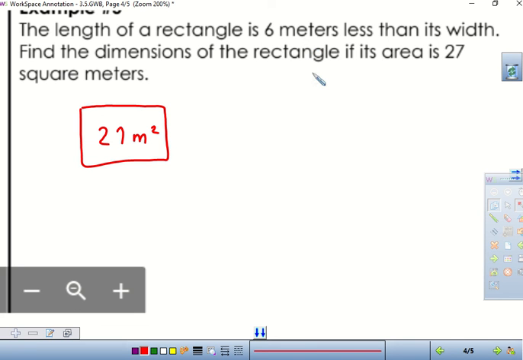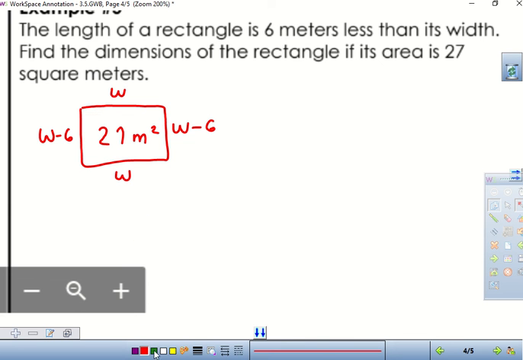I don't care which one you make length and which one you make width, it's the same thing. So basically the width is maybe this part, and then the length is 6 less than the width, right? So this would be the dimensions of my rectangle. Does everybody see how I came up with that?